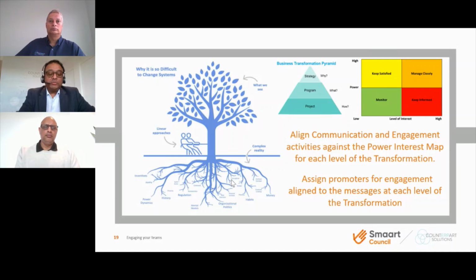So the change part is the main or a bigger piece of work when you're implementing a project or a program of this digital transformation across an organization or the council, and that needs to be understood and worked towards, so we can manage it towards the successful delivery of the program when we embark on this journey.